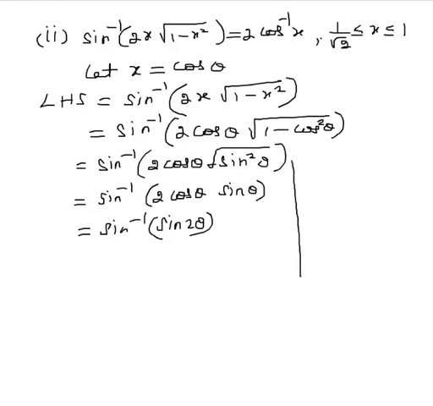Let us check. The condition given is 1 by root 2 less than or equal to x less than or equal to 1. Let us substitute for x. X is our cos theta. Let us take cos inverse throughout. Cos inverse of 1 is 0 and cos inverse of 1 by root 2 is pi by 4.